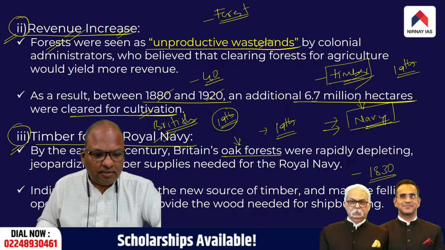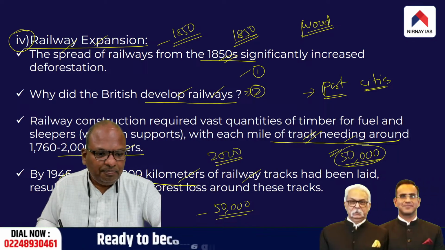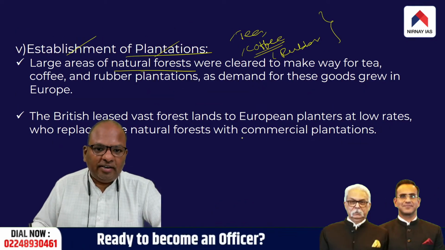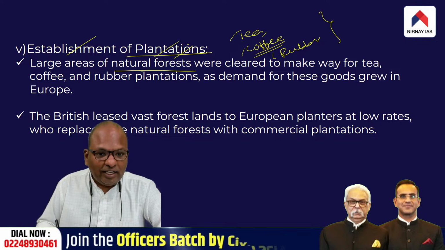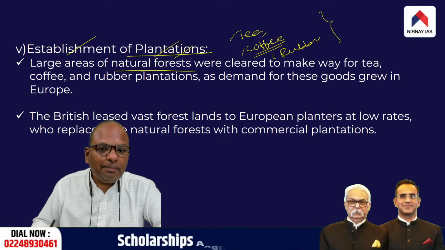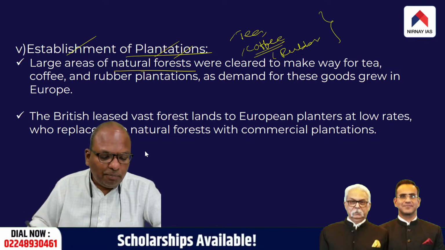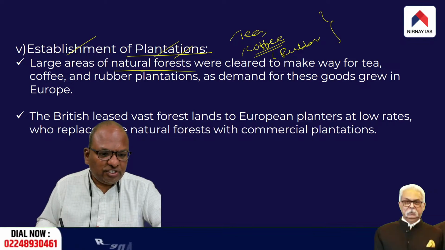That is the third reason. The fourth reason is the railway expansion, which we just discussed. Fifth is the establishment of plantations. Natural forests began to be cut down and replaced with plantations like tea, coffee, and rubber. This became another important reason for deforestation.